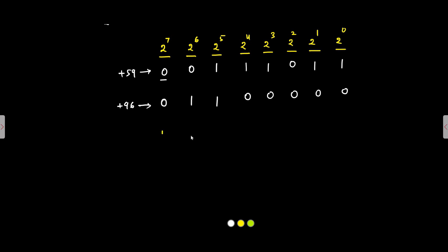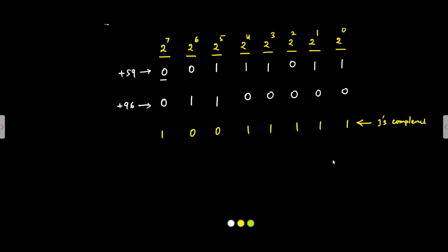So 1 0 0 1 1 1 1 1. This is the 1's complement of plus 96, the binary representation of plus 96.